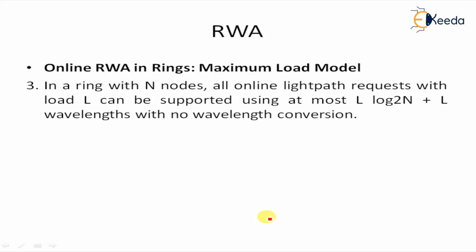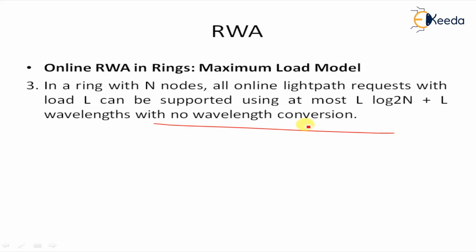Third, in a ring with n nodes, all online light path requests with load L can be supported using at most L log2 n plus L wavelengths with no wavelength conversion. When we have permanent light paths being set up, it is possible to obtain somewhat better wavelength assignment.